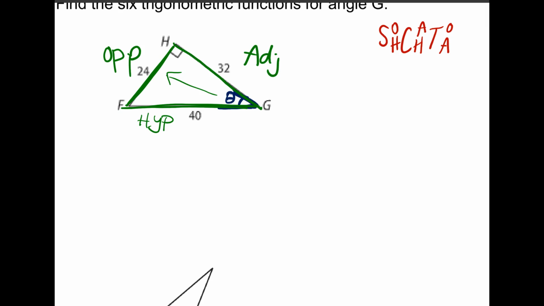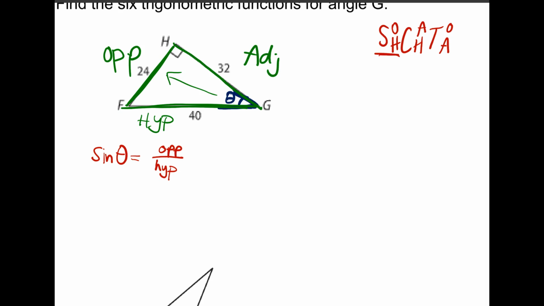Last year, they did cover this, but I write it a little differently, so I never forget what's on top and what's on bottom. So for instance, this first one, sine of my angle theta is going to be equal to opposite over hypotenuse. So that's the way I first learned it, and I never have to forget what's on bottom. Perfect.